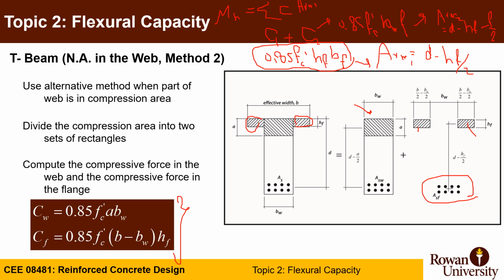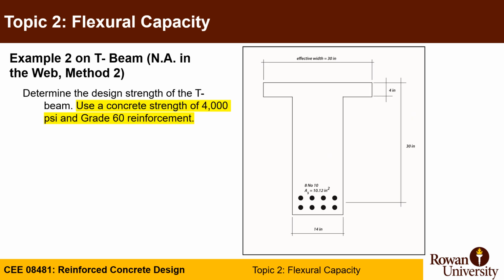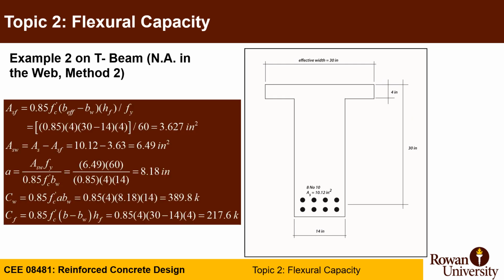You can calculate area of steel equivalent to the overhang of flanges, and area of steel equivalent to the web. And you can take the moment from both and add them up, but I didn't cover it in the class, and you are free to read it. And solve the example and check and come and ask during the office hours for more information.